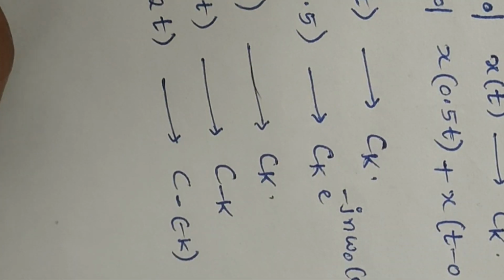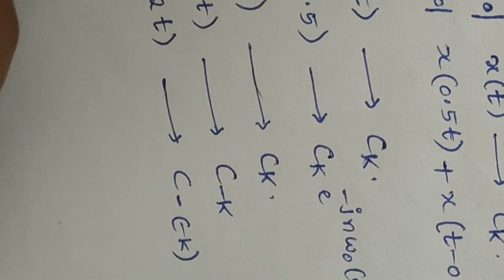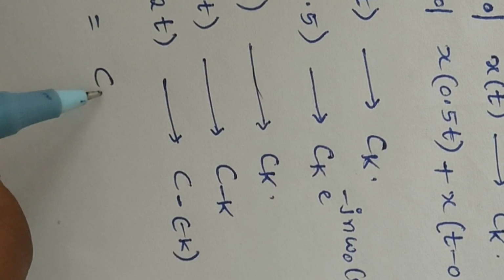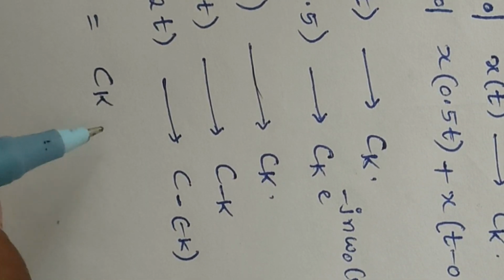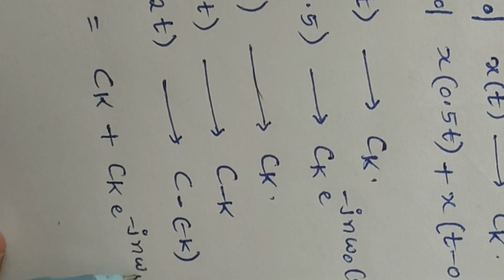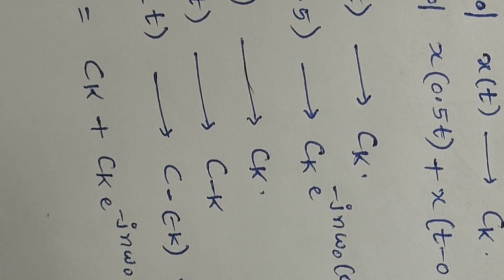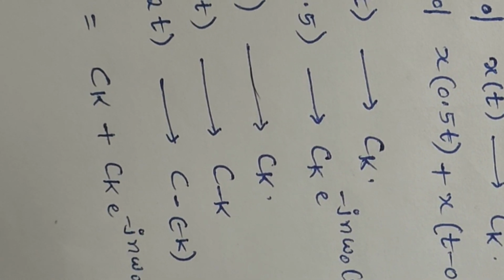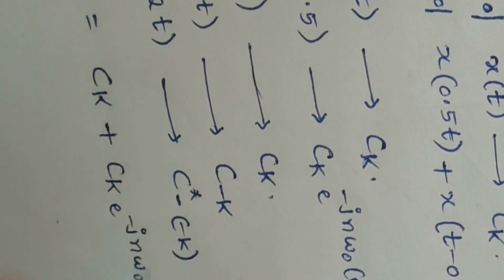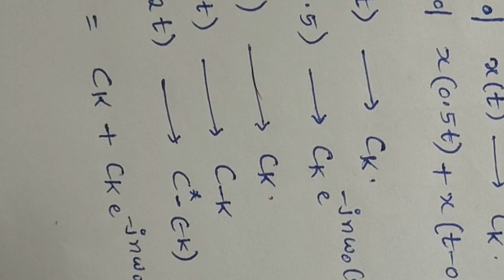By linearity, Fourier series coefficient of whole term is ck plus ck into e power minus j n omega naught into 0.5 plus c conjugate of k.